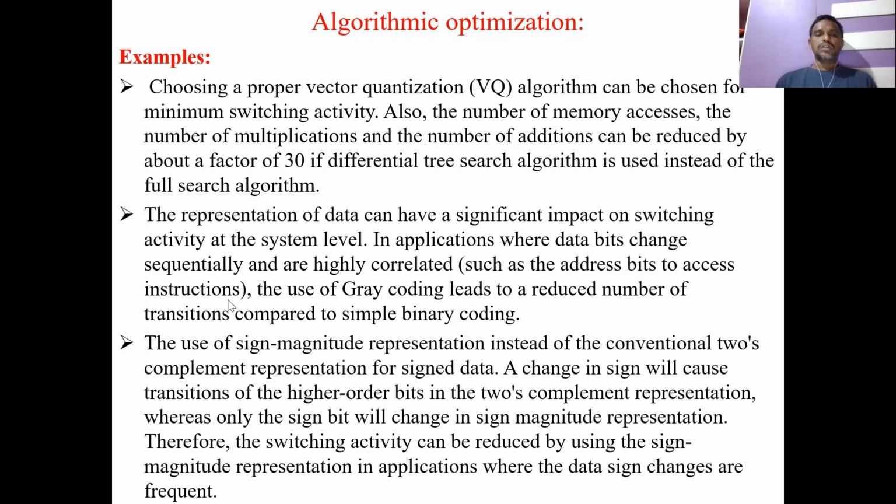Next is the use of sign magnitude representation instead of the conventional 2's complement representation for signed data. Generally, signed numbers can be represented in two ways: one is sign magnitude form, and the second one is complement form.